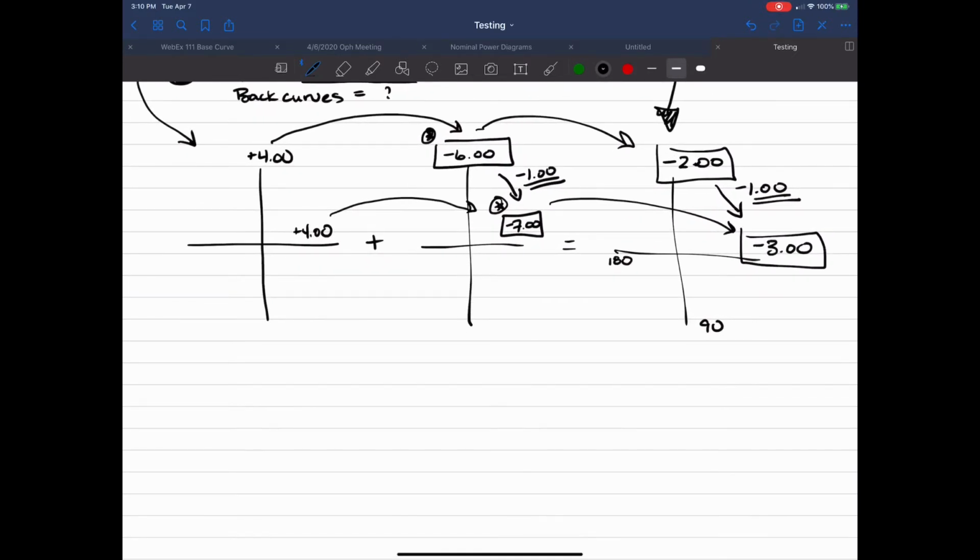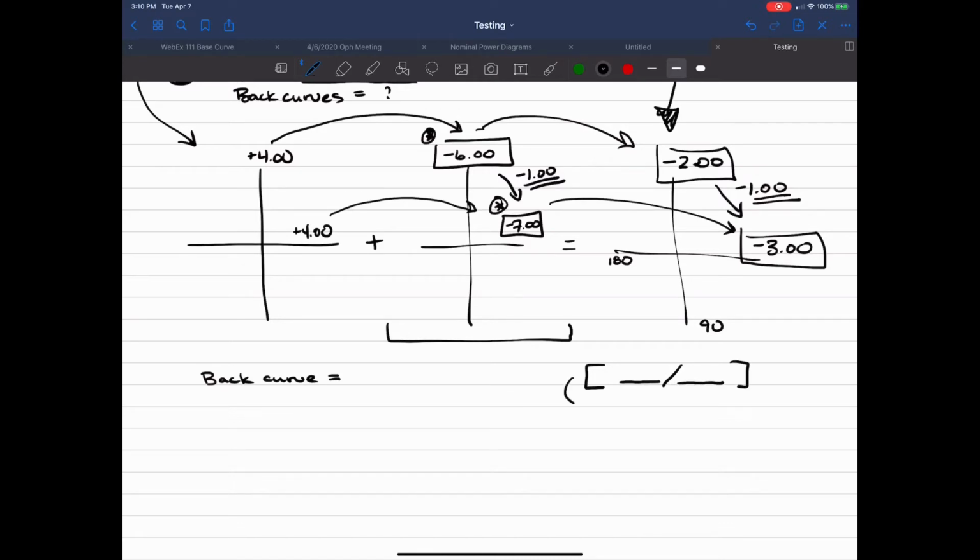So now I have the back curves done, and I need to know how to write those out in the format. In the worksheet, it says back curves equal, and then you need to answer in your answer. And the format that we're supposed to use is one curve / another curve.